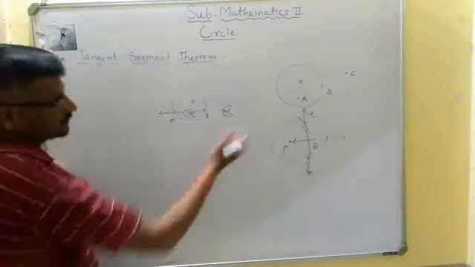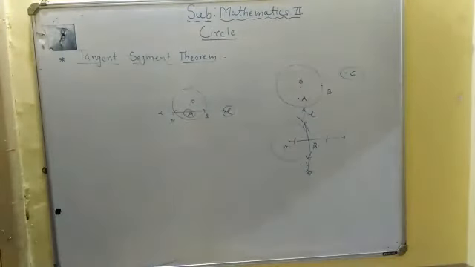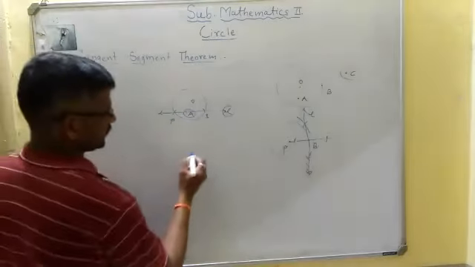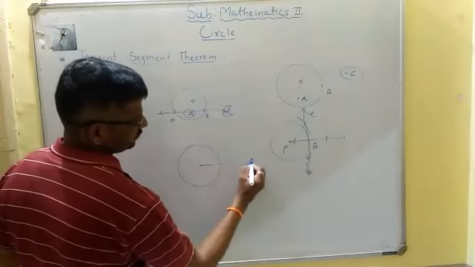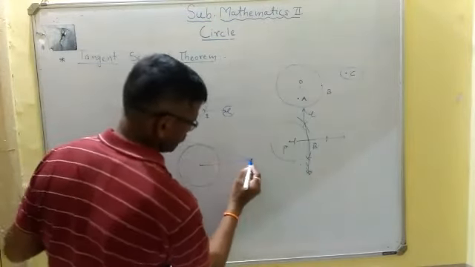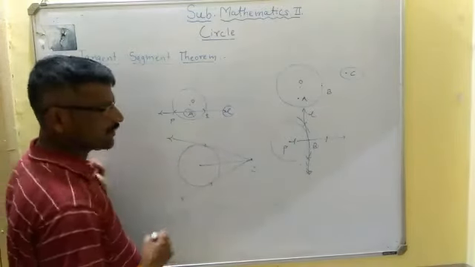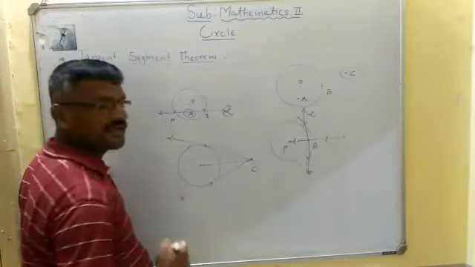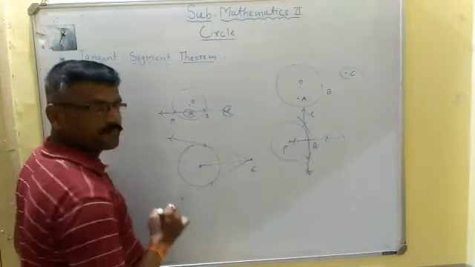Now the third case, the point C, which lies in the exterior of the circle. Suppose we take point C in the exterior of the circle and try to construct the tangents to that circle; we get exactly two tangents passing through that exterior point. Understand?